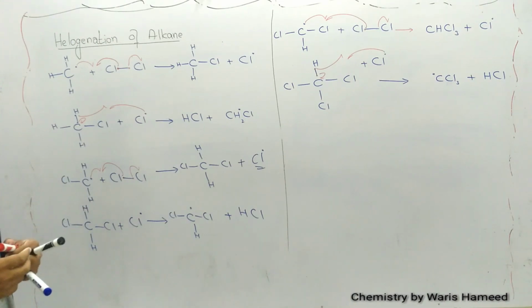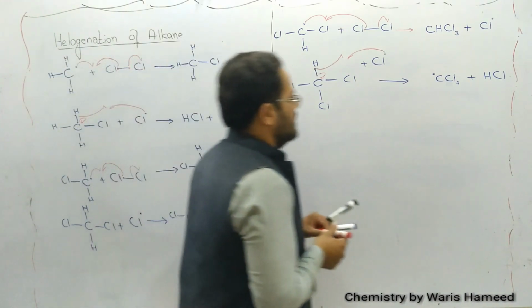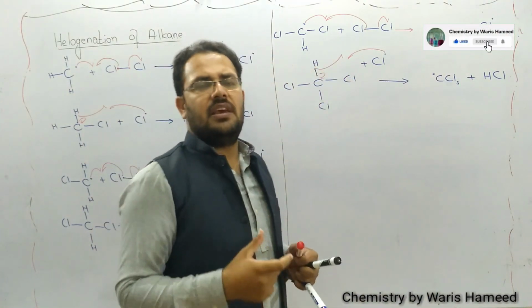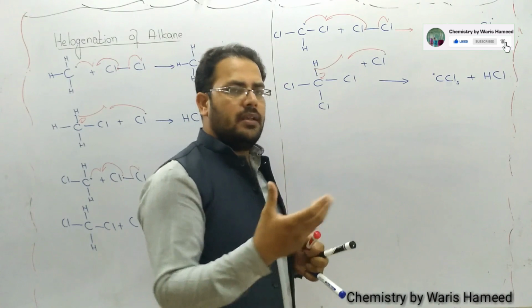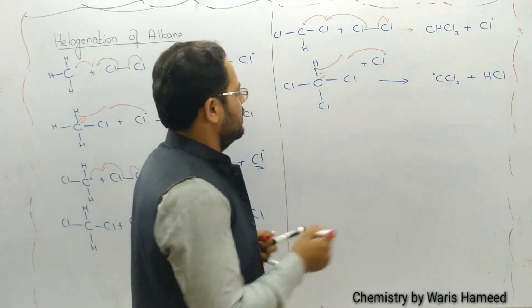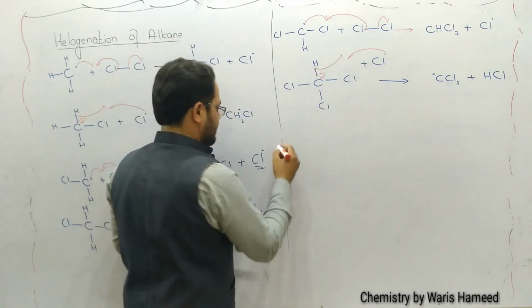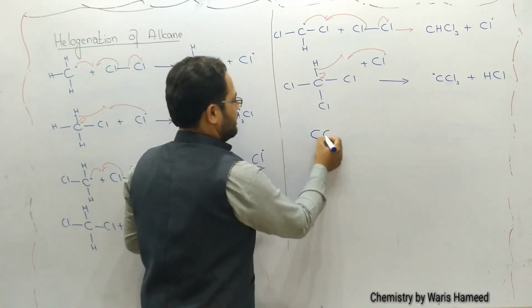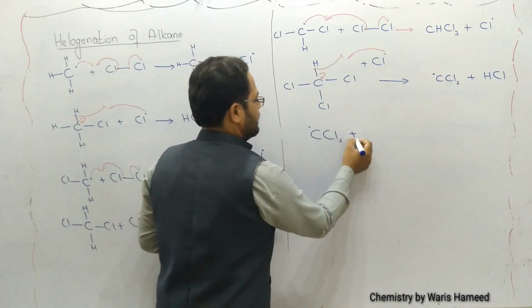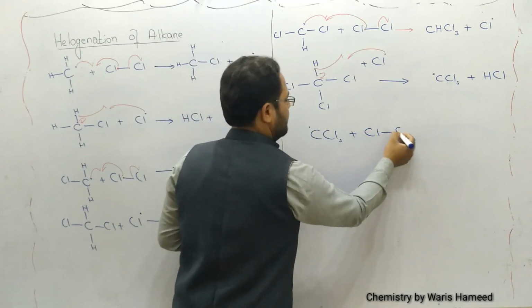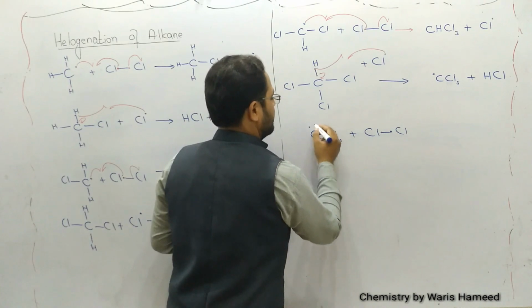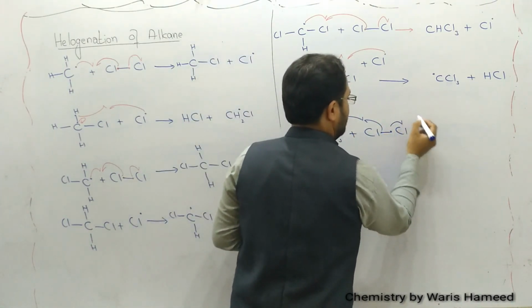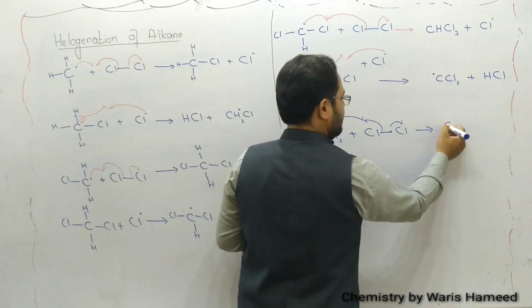Now at the end, again there will be the reaction of this CCl3 radical with another chlorine molecule, and again formation of Cl radical.